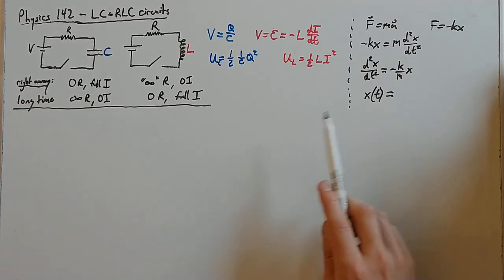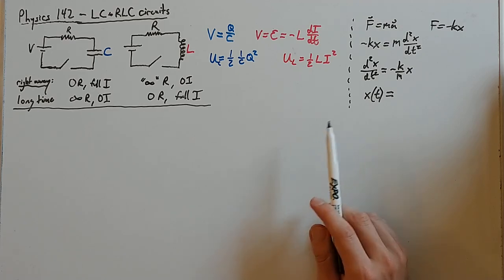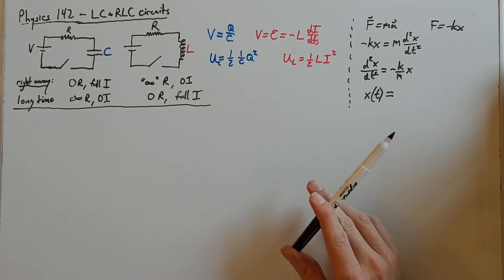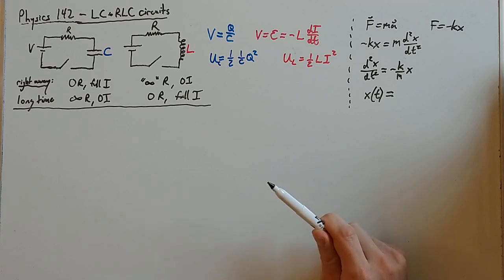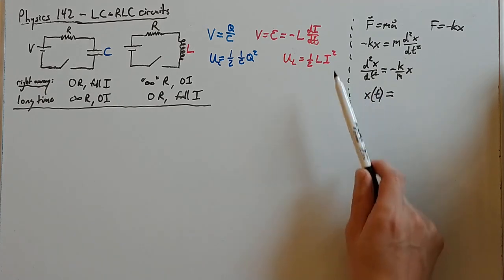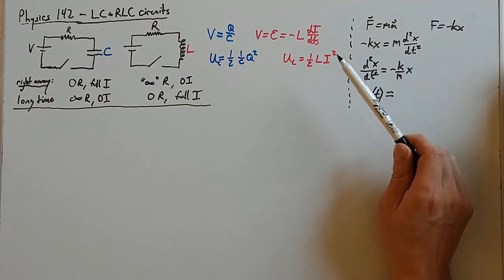The other thing that I want to remind you of is I want to go way back to the first thing that we did in Physics 142, where we talked about springs and oscillating systems. And you might remember that we could write down Newton's second law. It's been a little while since we thought about that.